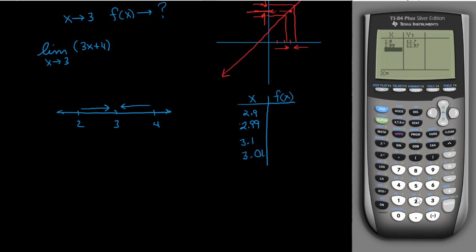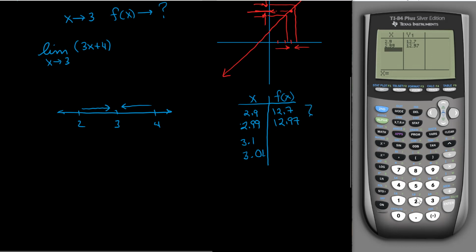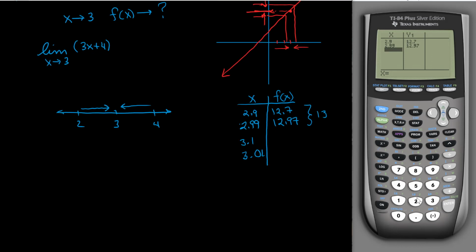And it gives me then corresponding y values. The y values are 12.7, 12.97. So if you continue exploring further, trying to keep the video somewhat short, I don't want to explore too much, it looks like from this side things might be drawing close to a value of 13.